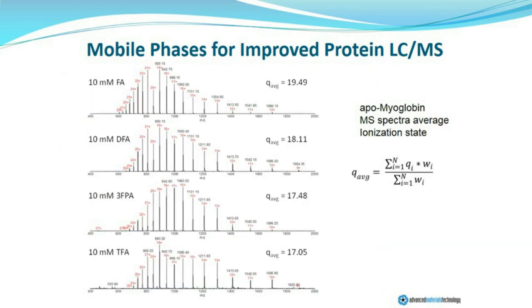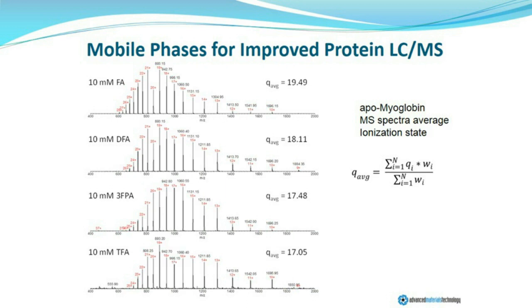Now, do these conditions do anything strange to the mass spectral data itself? That is, the occupancy of the different charge states. Of course, protein mass spectrometry always exhibits multiple charge states. We use these multiple charge states to deconvolute and obtain accurate mass data or estimates of the mass of an intact protein. In this case, what I've done is calculate the average charge state under each of these mobile phase conditions, and you can see that they're not remarkably different.